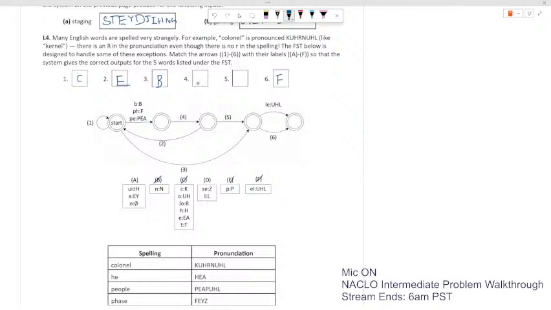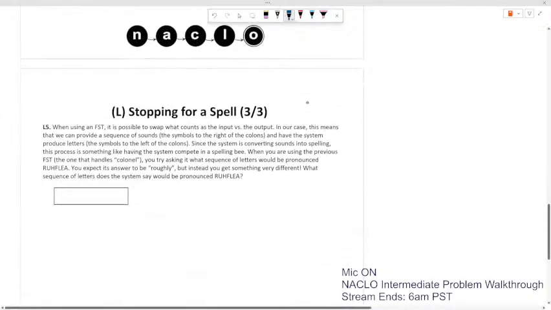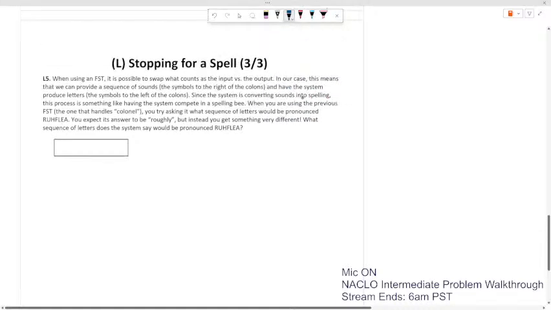A, yeah, so A has to go here, then it's D. Okay. So far, smooth sailing, but it's gonna get harder.